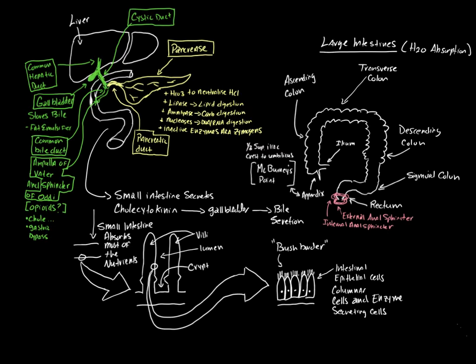What triggers the gallbladder to secrete, you think? Yeah, you're close. So what happens is as the chyme exits the stomach and enters the small intestine, the small intestine senses that chyme is entering, and it secretes a hormone called cholecystokinin.